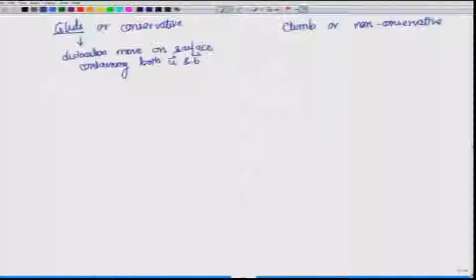In this particular case, dislocations move out of the glide plane. So, this is perpendicular to b.